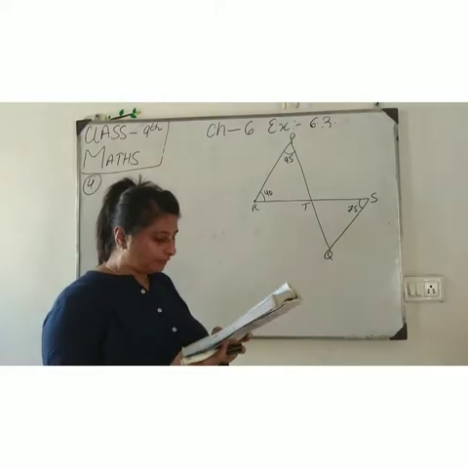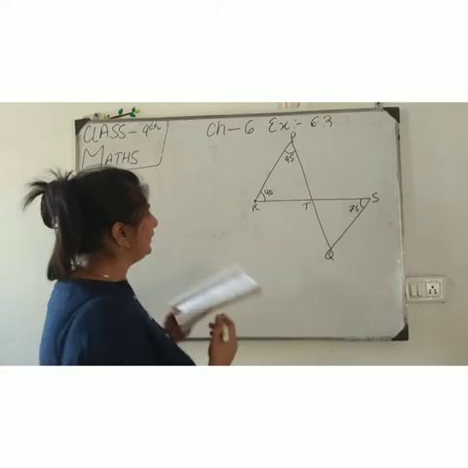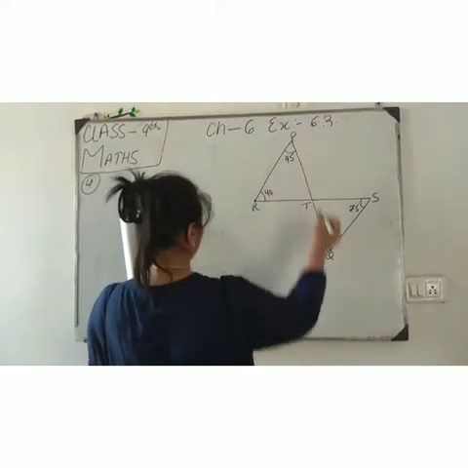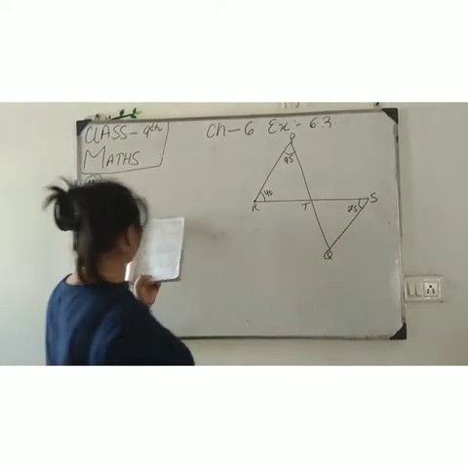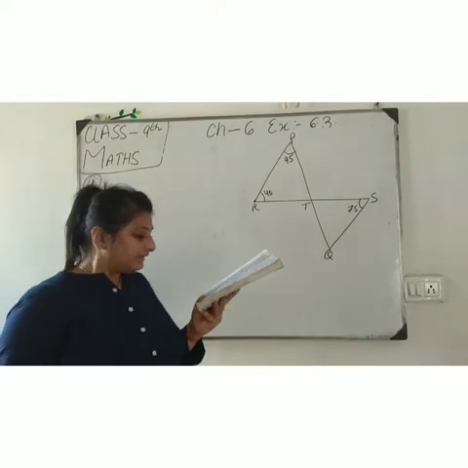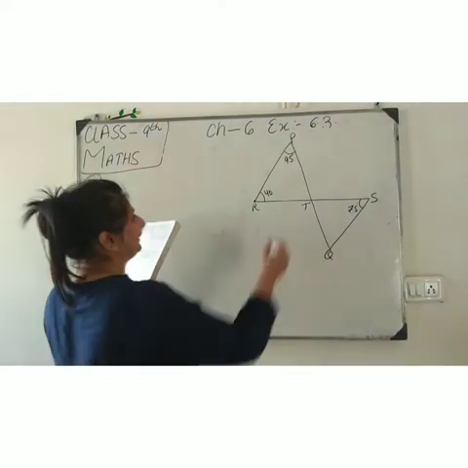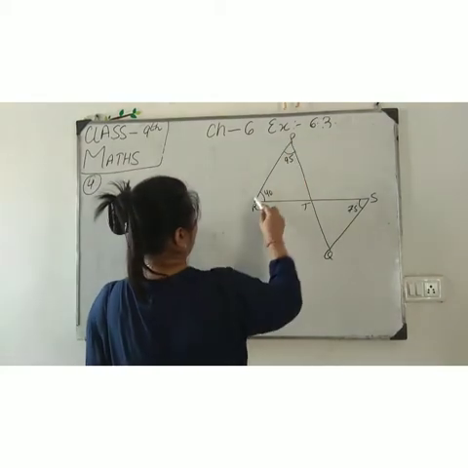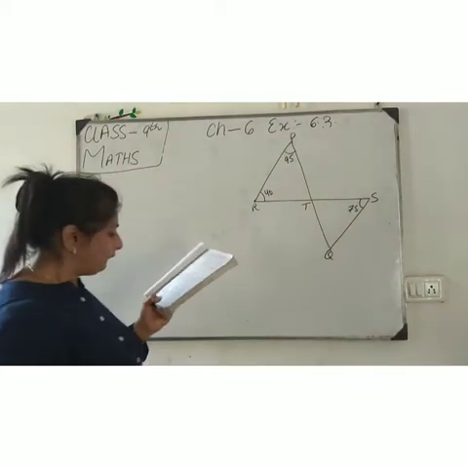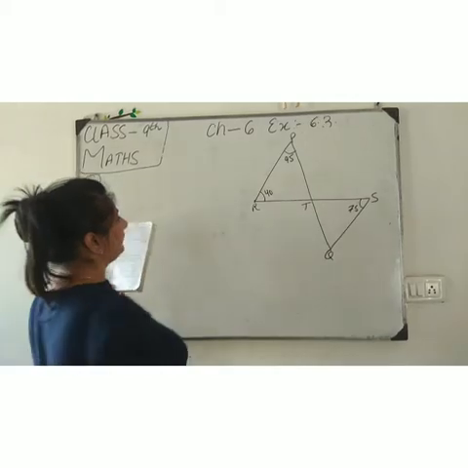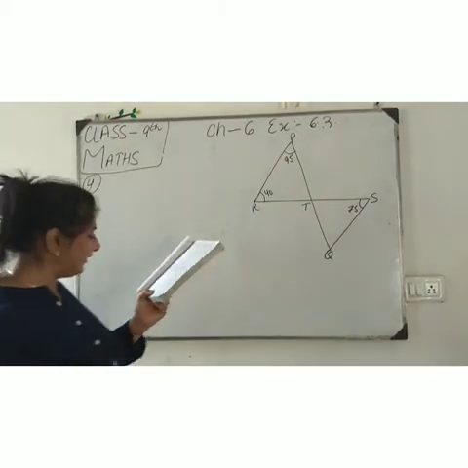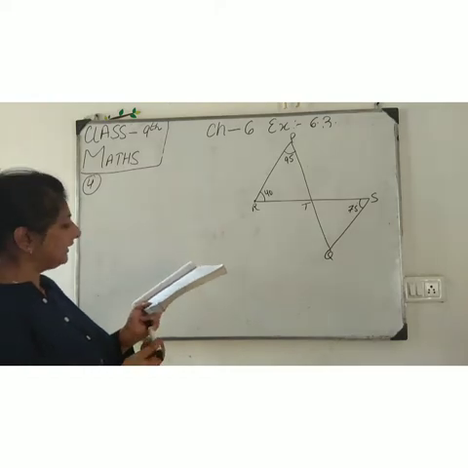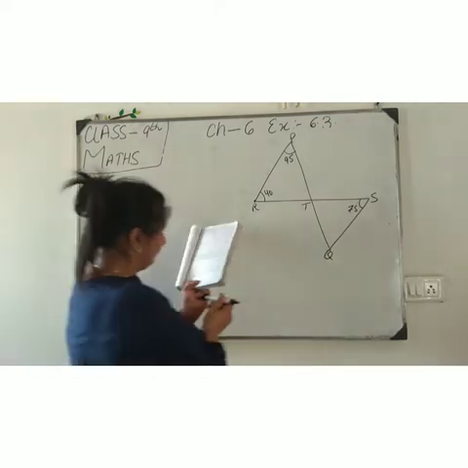Sum number 4. If line PQ, RS both intersect at common point T such that angle PRT 40 degree, angle RPT 95 degree, and angle TSQ 75.